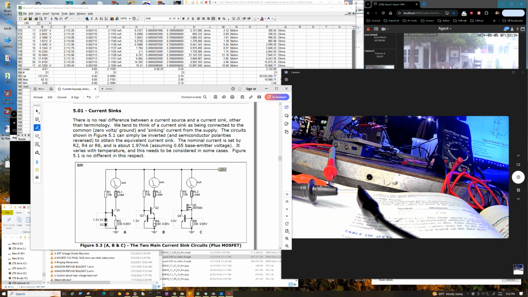So the current going through this resistor is going to be almost identical to the current going through your load, because its collector and emitter curves have to be about the same, with a slight difference due to the base current. But overall, that's how it works.